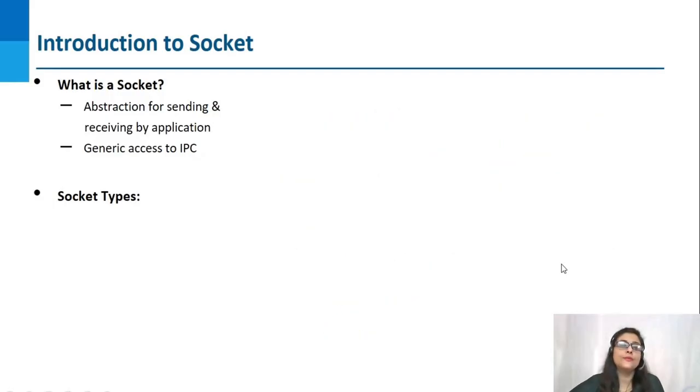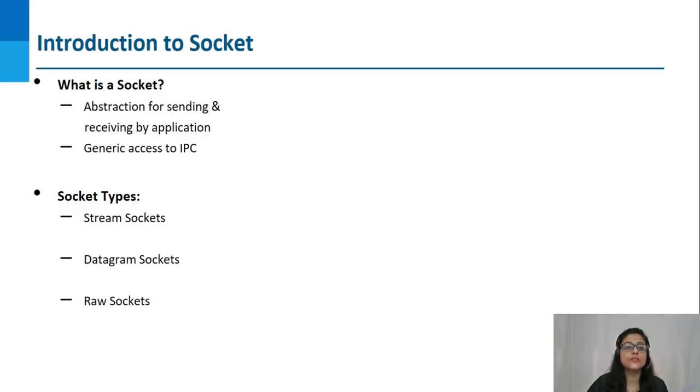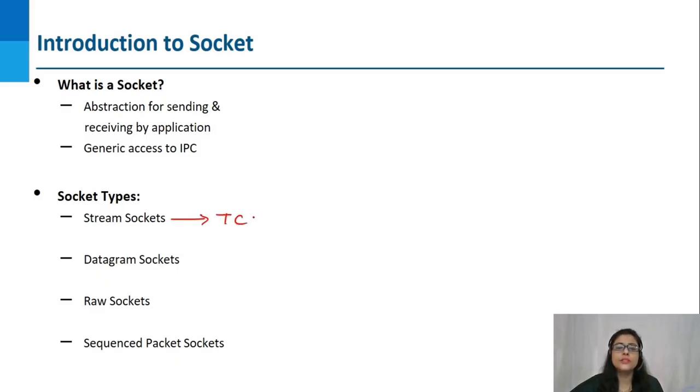So what are the different types of sockets? There are 4 different types of sockets: stream sockets, datagram sockets, raw sockets, and sequenced packet sockets. The stream socket uses TCP connection and it has a sequence number. So sequencing is possible.